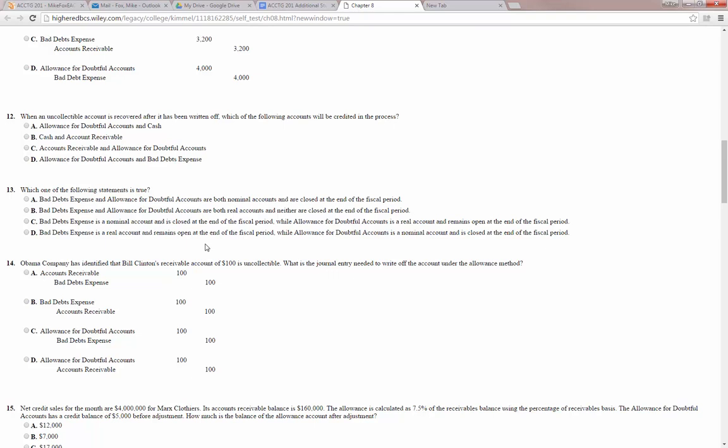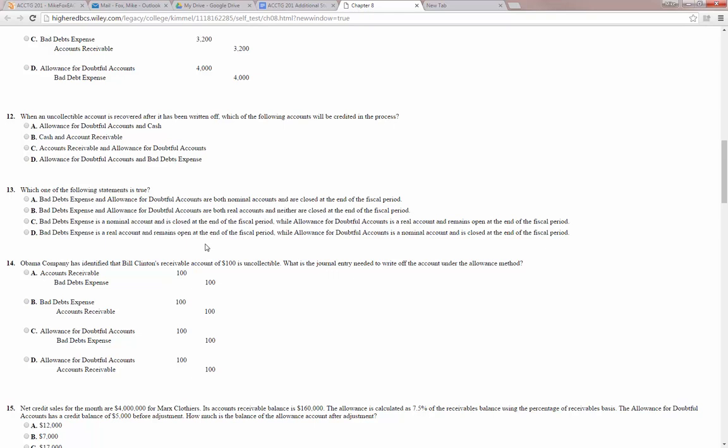Then, once we've done that, so in essence we've reversed the write-off, then we will debit cash and we will credit accounts receivable. So we reverse the write-off and then show that the cash went up and the accounts receivable went down. So now let's get back to their question.